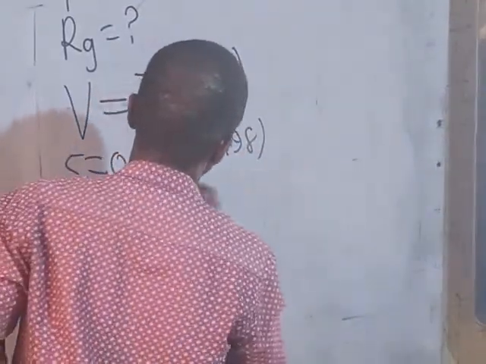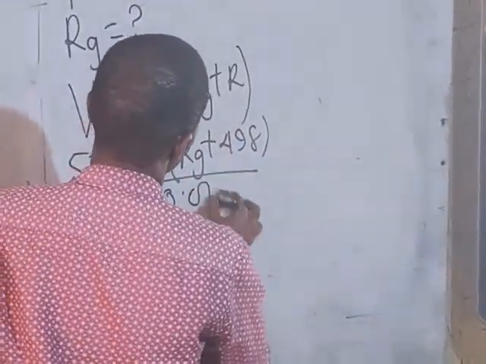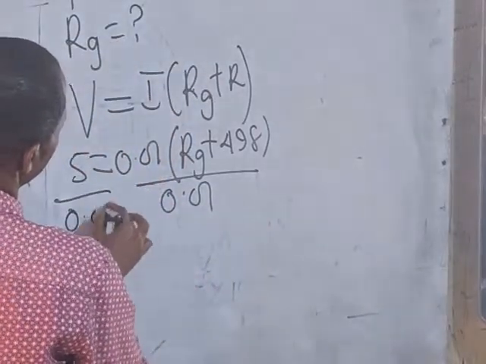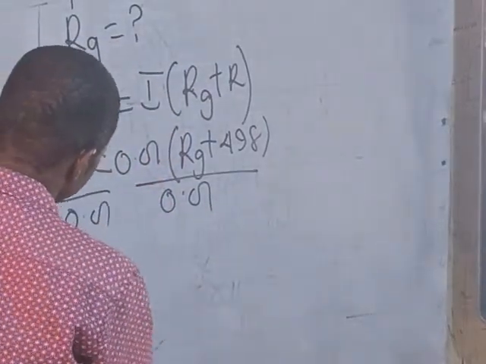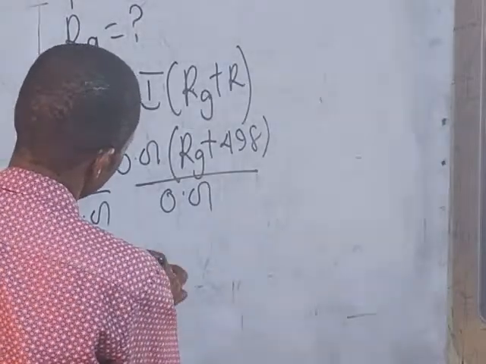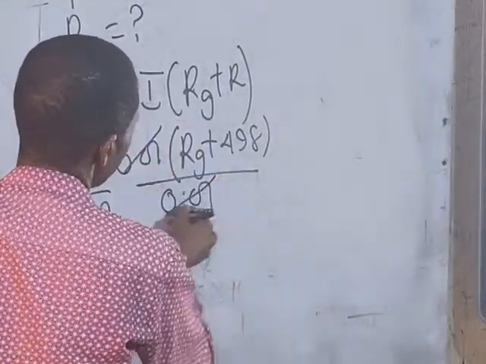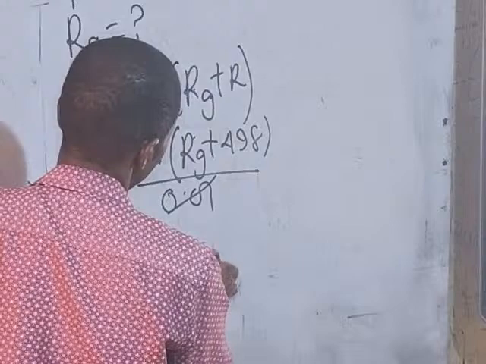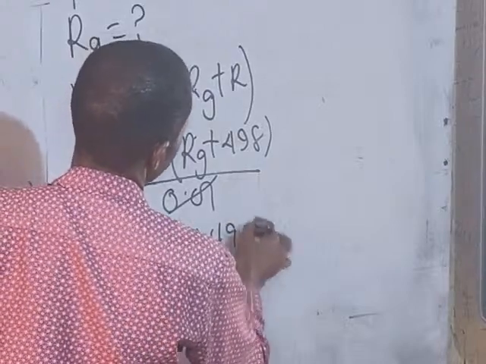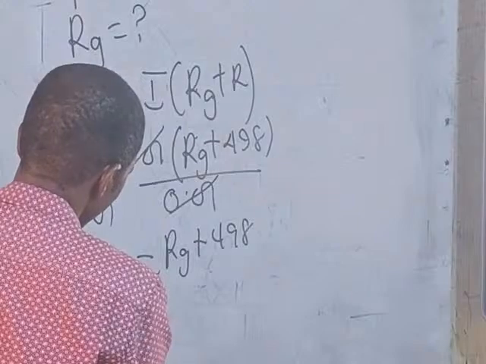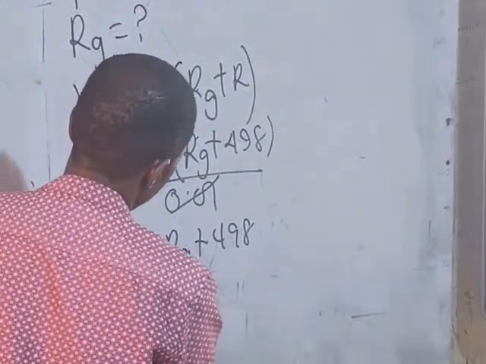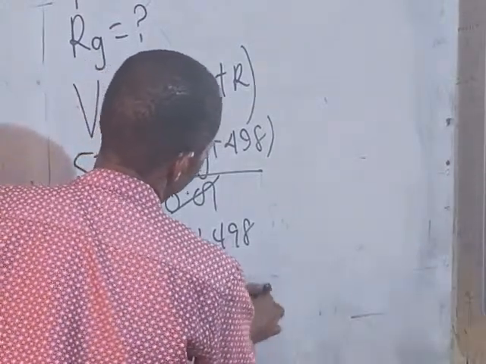What do we do? We can divide both sides by 0.01. What's 5 divided by 0.01? 500, right? So 500 is equal to, this will cancel it, so we are left with RG plus 498. What happens? We bring this one to this side, so that we now have 500 minus 498 is equal to RG.